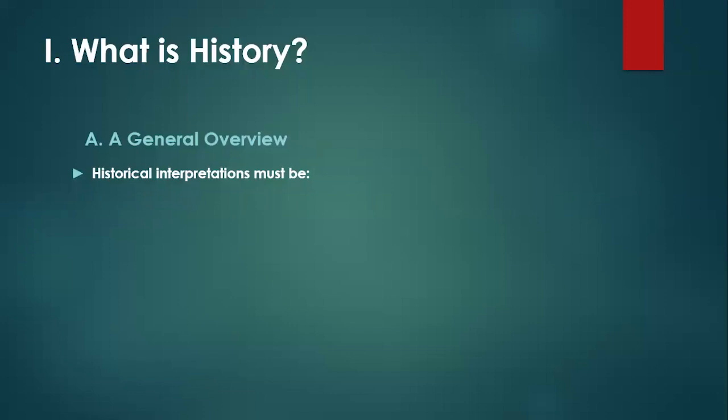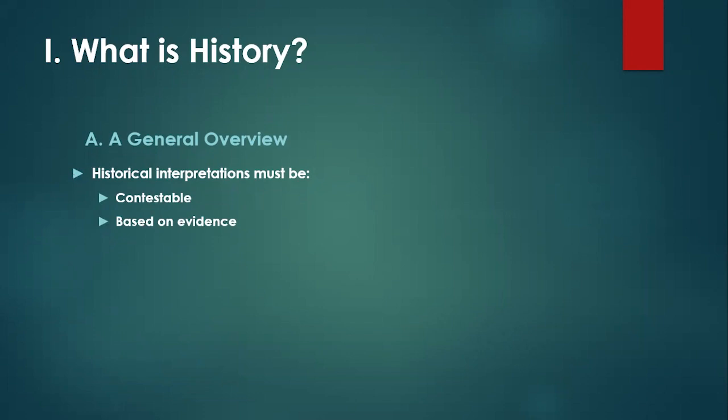Number one, a good historical interpretation must be contestable, meaning that other historians can either agree with it or disagree with it, okay, based on the evidence that they're exploring, because that's another key to historical interpretations. They're not just your thoughts and feelings. They can involve some of that, but they need to be strictly based on the evidence that you're exploring, okay? We want to keep them grounded as much as possible in evidence.